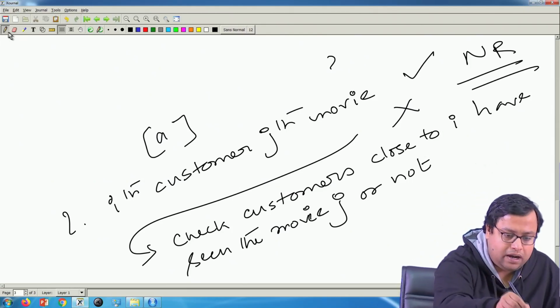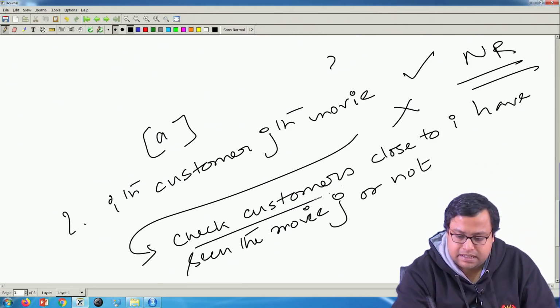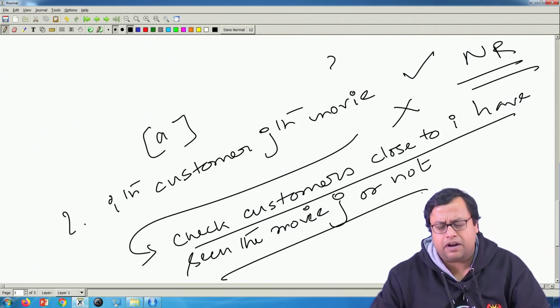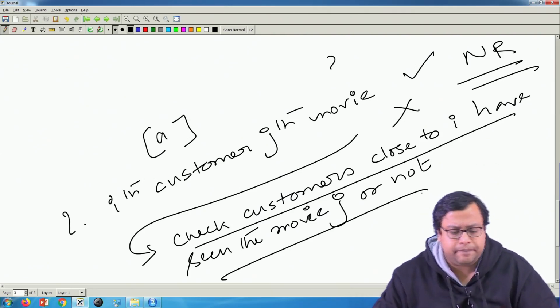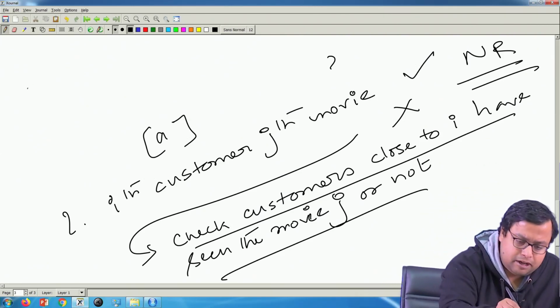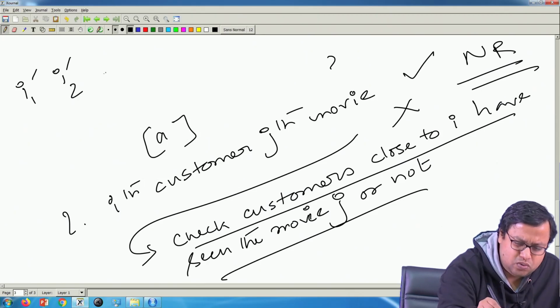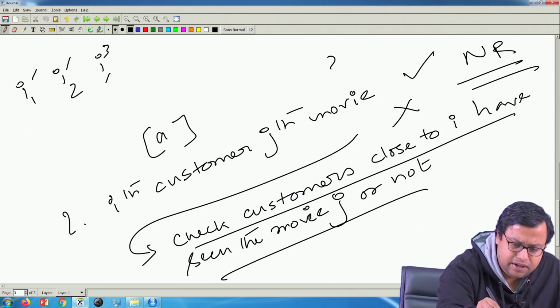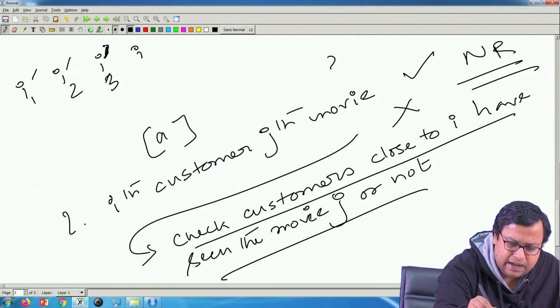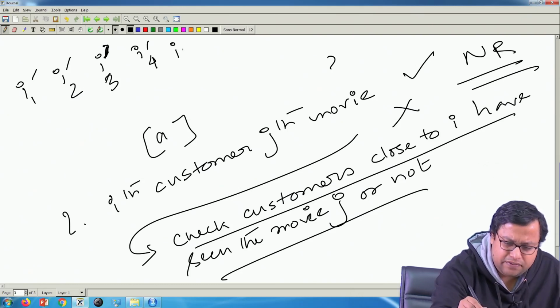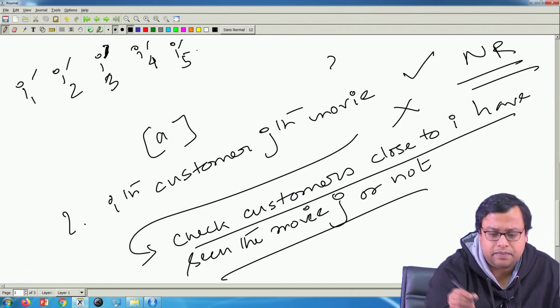If I have to answer this question, then first I have to find out who are the customers close to me. Let us say customer I dash 1, I dash 2, I dash 3, I dash 4 or I dash 5, these are the customers who are closest to him.